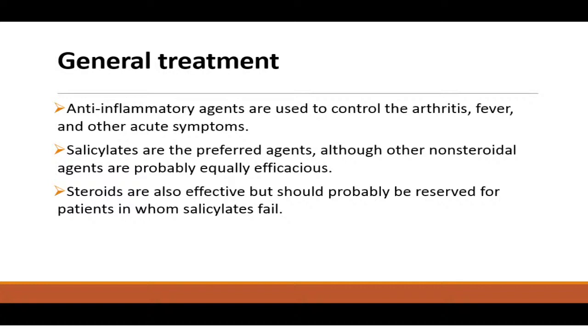Salicylates are the preferred agents. If they are not effective enough, or if you see severe activity, severe inflammation, severe carditis, for example, you start with steroids. You may start with steroids and then follow with salicylate if it's necessary.